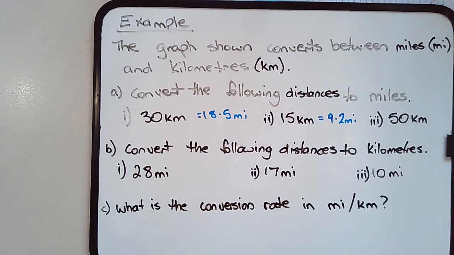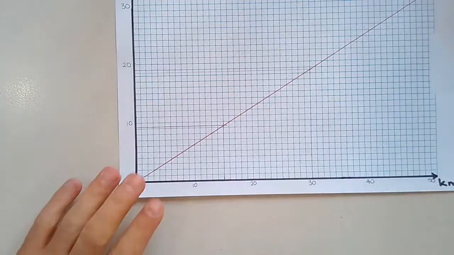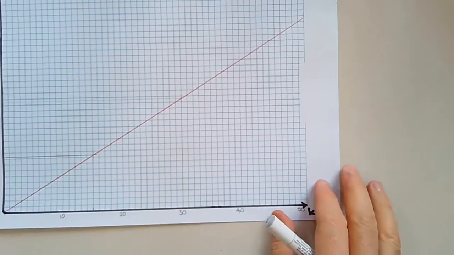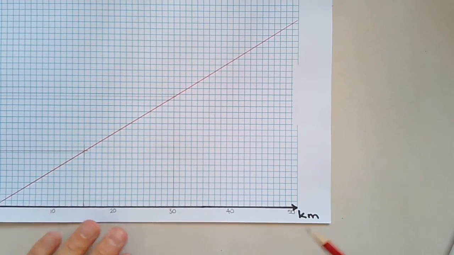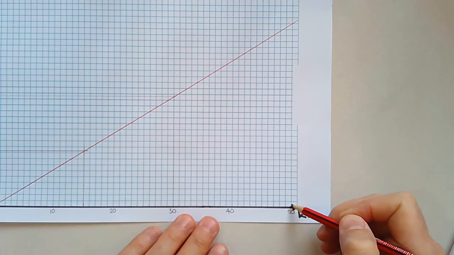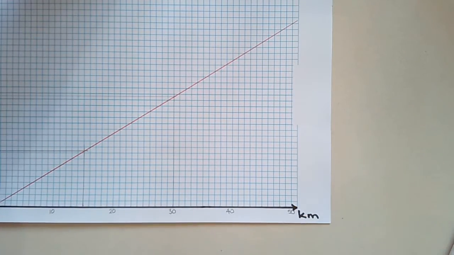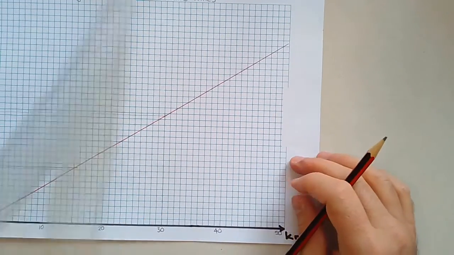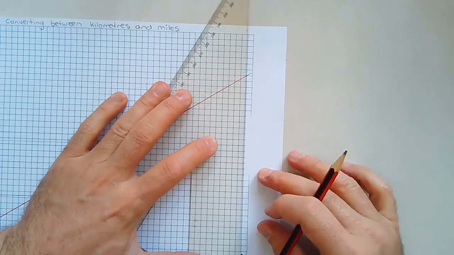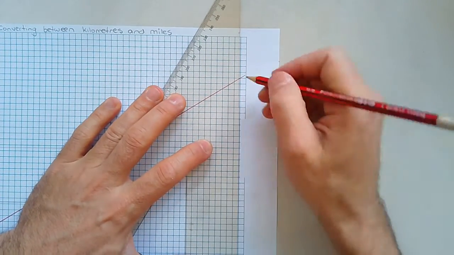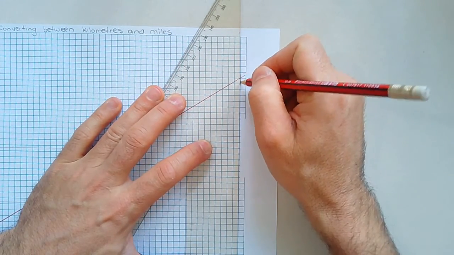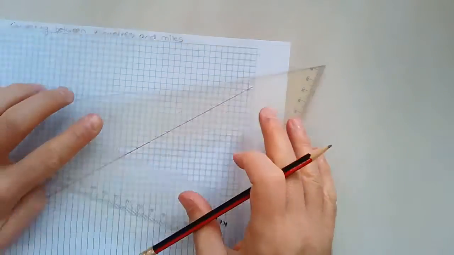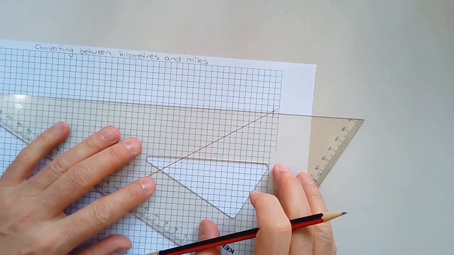And what about 50 kilometers? We go to the other end of the x-axis. There's 50 kilometers there. Projecting upwards, and projecting across.